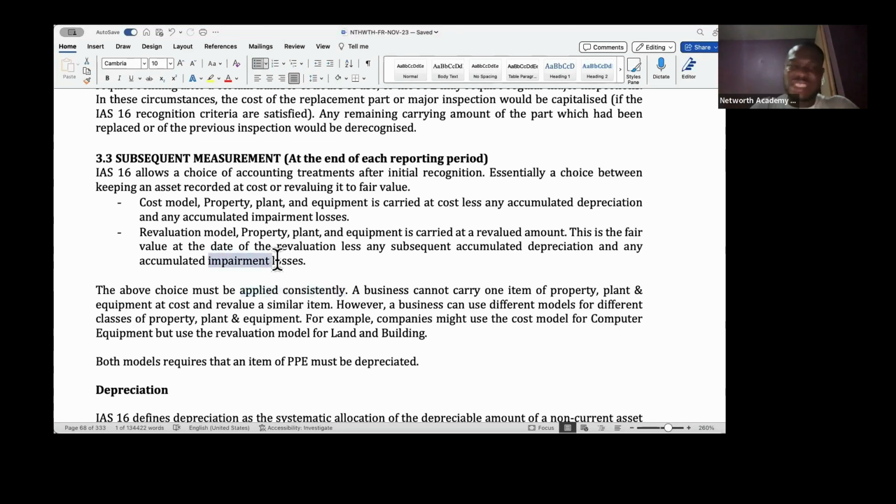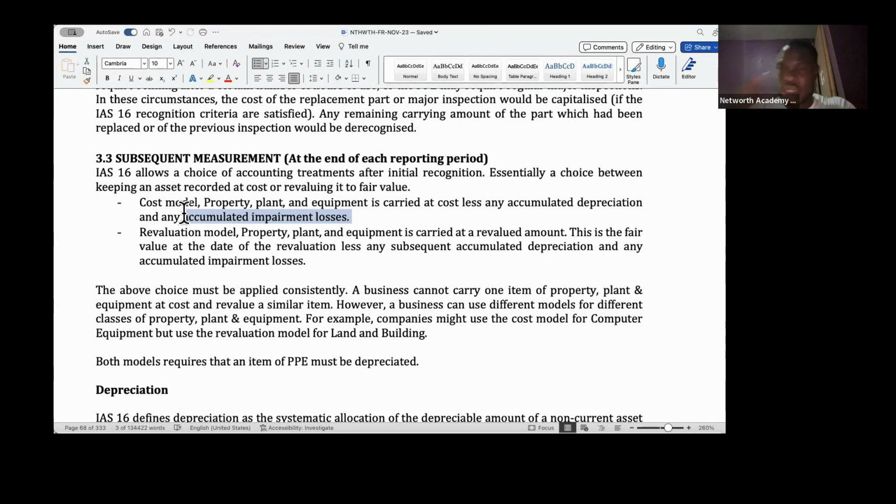So that means the next thing I want to majorly teach you under subsequent measurement is depreciation. It's common in the two. I'm not teaching you impairment losses now. I'm not even going to mention anything around it now. Just hold that, leave that for now. When we get to IAS 36, you understand it better. So you won't find me mentioning this anytime soon until I teach you IAS 36.